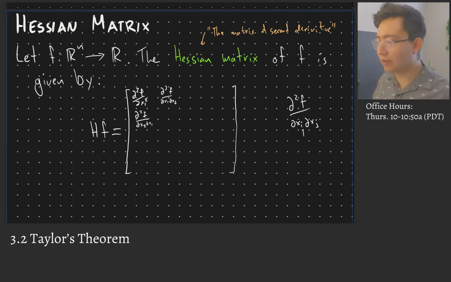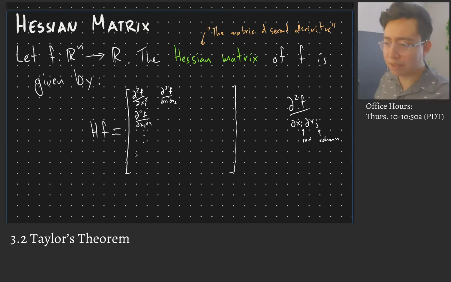This is going to tell you the row, and this is going to tell you the column. And this is going to keep going until you get to d squared f dxn dx1.